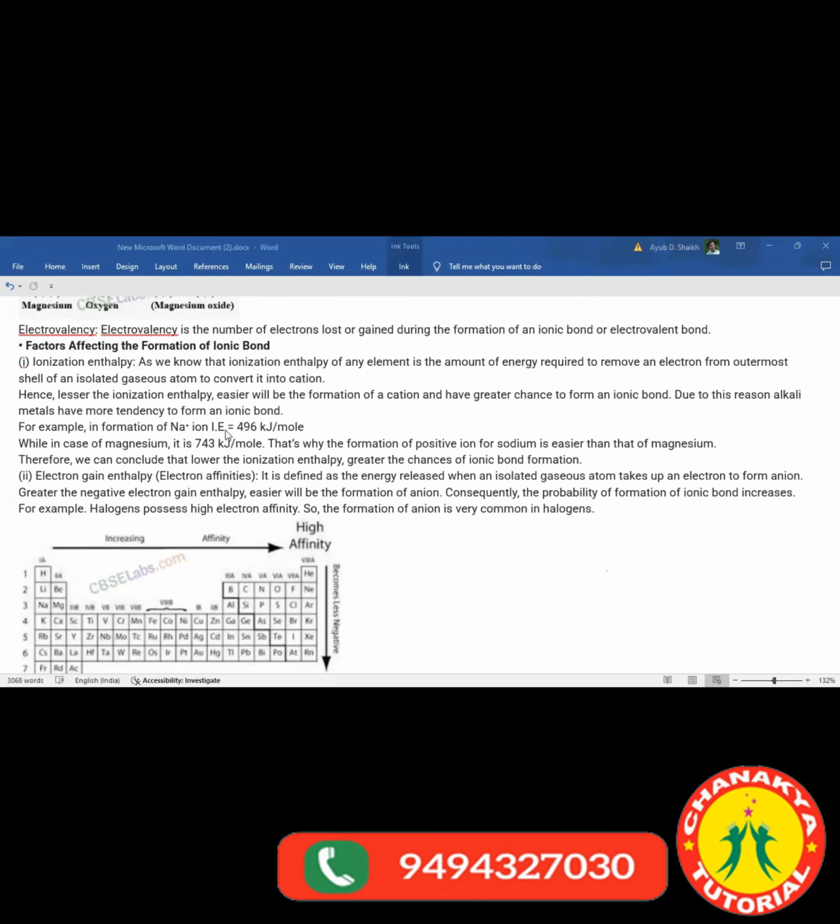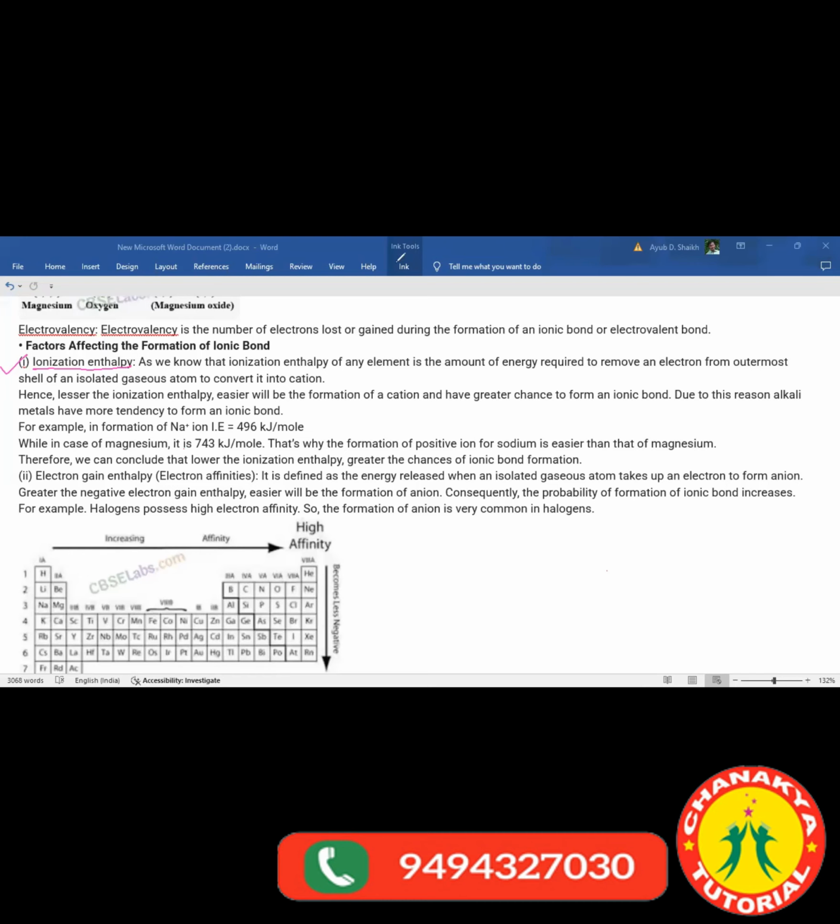See, first of all, ionization enthalpy, the first term which affects the formation of ionic bond. Already we have learned about ionization enthalpy, right? In the last chapter, what it was? I have explained it in periodic properties or not?